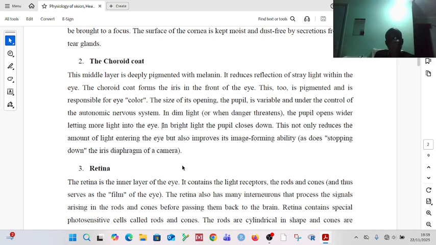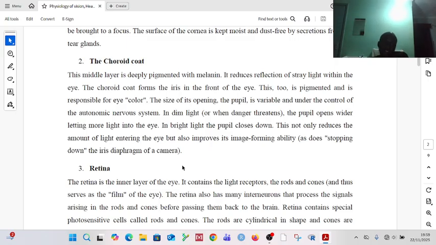The size of the opening of the iris, which is the pupil, varies, and you don't decide that you want to increase the size of the pupil of your eye. It is controlled by the autonomic nervous system. That is something that happens without our control.